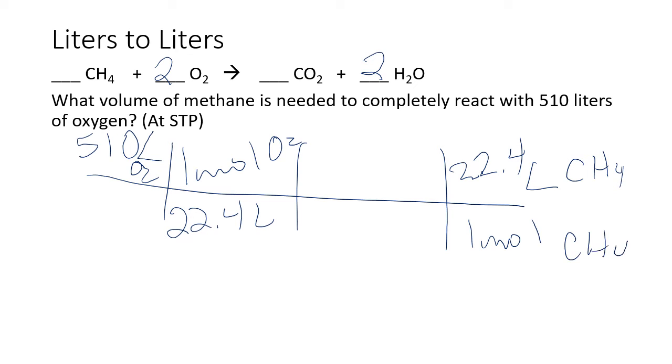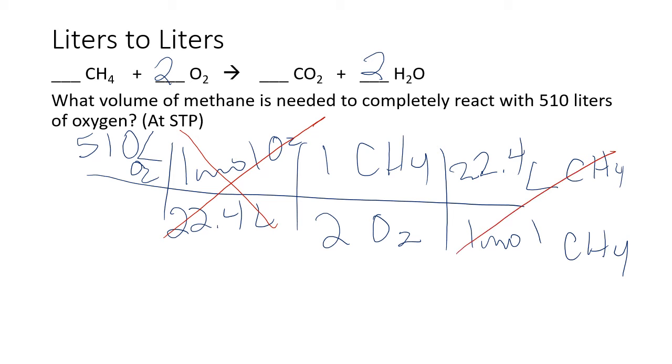And I have 22.4 liters up here. My ratio of O2 to CH4, I get 2 to 1. What happens is, you can see, we end up multiplying and dividing by 22.4.